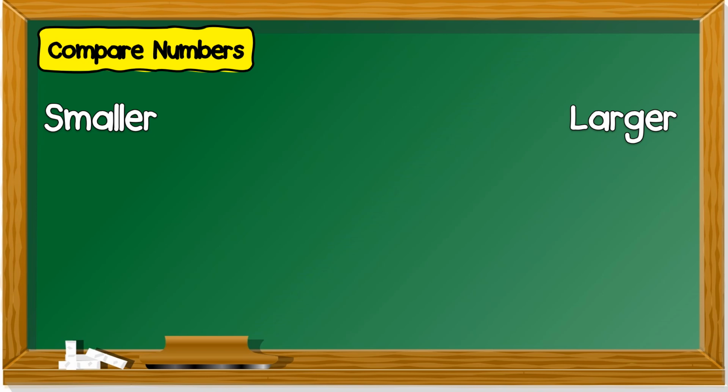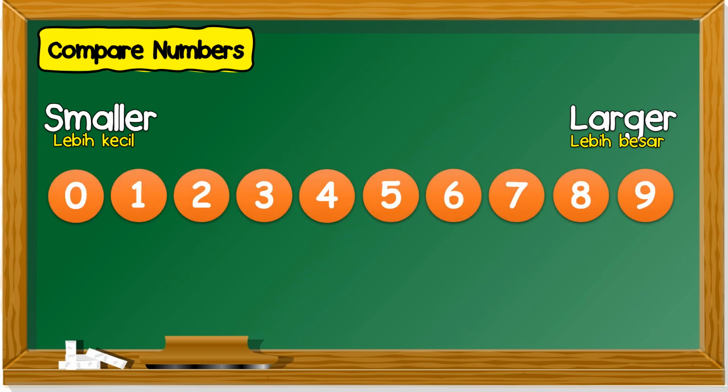Smaller means lebih kecil. Larger means lebih besar. Okay, you remember your digit from 0 until 9, like this. So 0 is smaller, while 9 is larger.